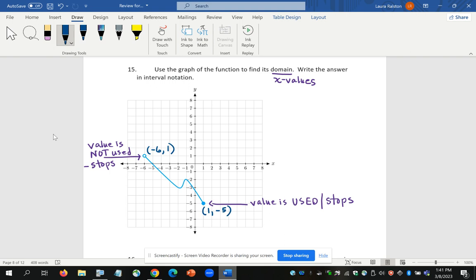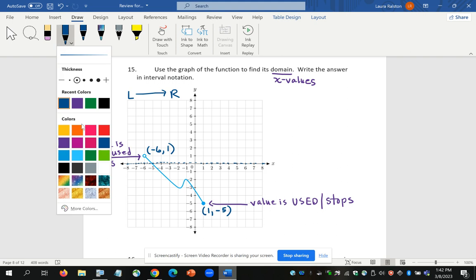Okay, for the x values, for the domain, you're going to look at the x-axis and think about what numbers you could use for x. You always, again, read from left to right.